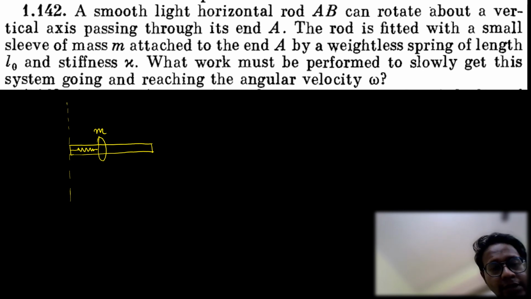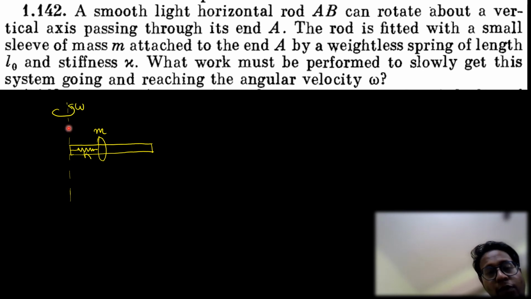The spring constant is given as K. This ring is allowed to slide in this direction. As it goes in this direction, the spring stretches and it will be pulled back. Now this system is rotated with angular velocity omega about this axis.